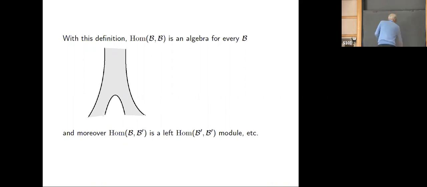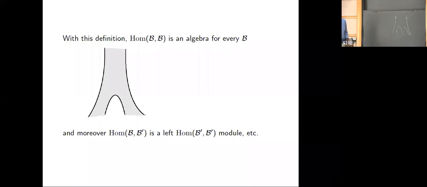Well, I could draw it. The picture that would show it's associative is this one, with 3 elements coming in. Well, we'd have to draw some more pictures to show that we could think of it as multiplication in 2 different orders. And some more pictures where some of the boundaries are labeled not by the same B, but by different B and B prime, will show us that Hom from B to B prime is a left module for Hom from B prime to B prime, and so on.